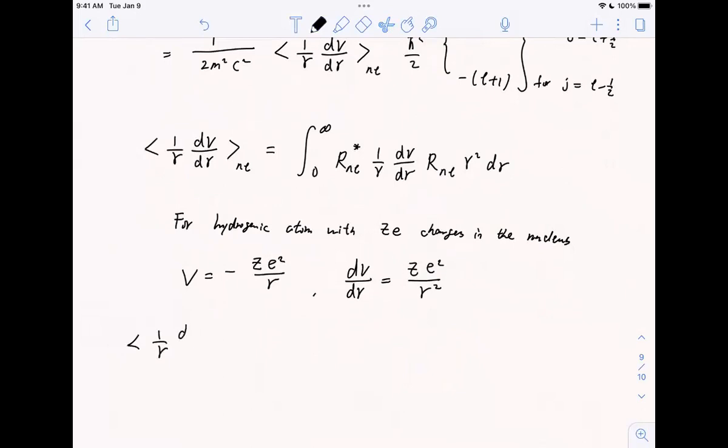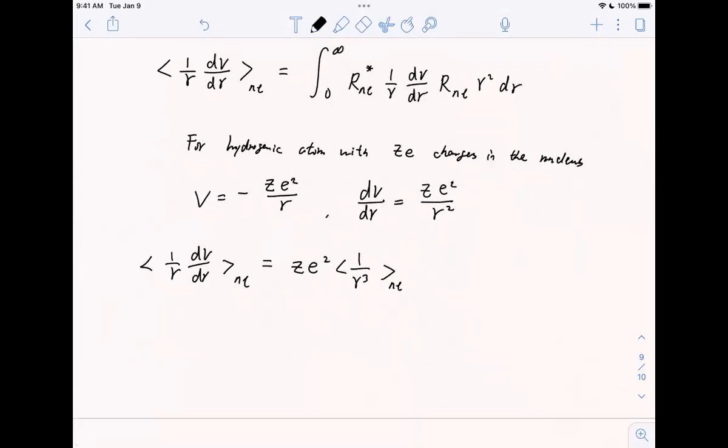1 over R dV dr NL. Then you put this in, you have 1 over R squared, you have 1 over R here. So eventually you have this, and then 1 over R cubed, NL.